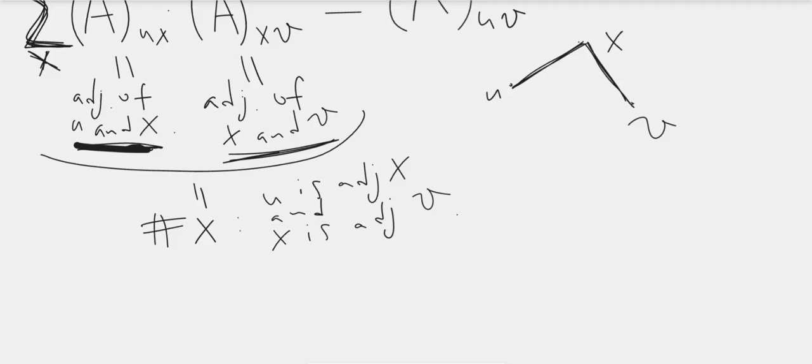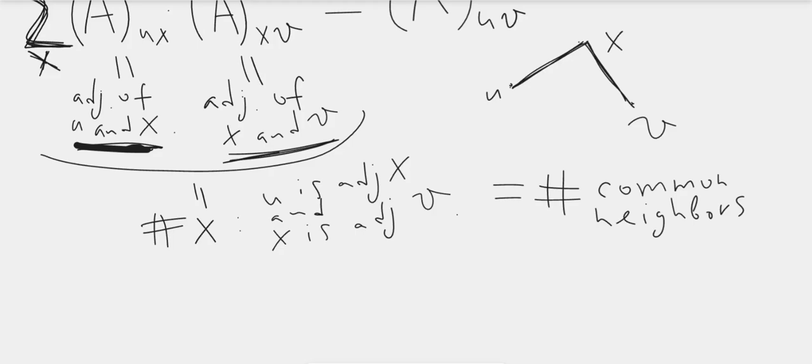So let's write it here. Now, this is the number of X that is a common neighbor of U and V. So we can even drop the name X. So this is the number of common neighbors of U and V. Right?